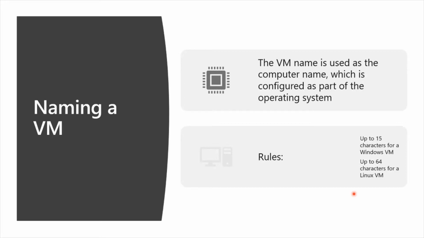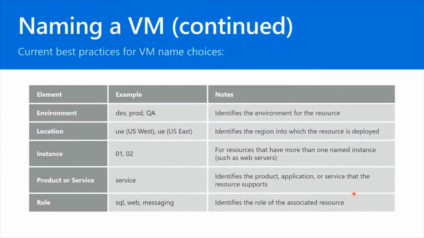Sometimes, if you're creating a virtual machine for a dev environment, production environment, or staging environment, you can put PRD, dev, or staging STG, or you can also say VM 01. It depends on how you want to have the notation of your virtual machine name. As I said, you can have production, dev, or QA.